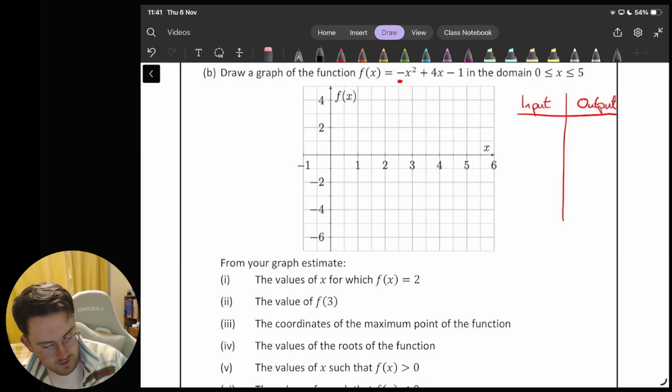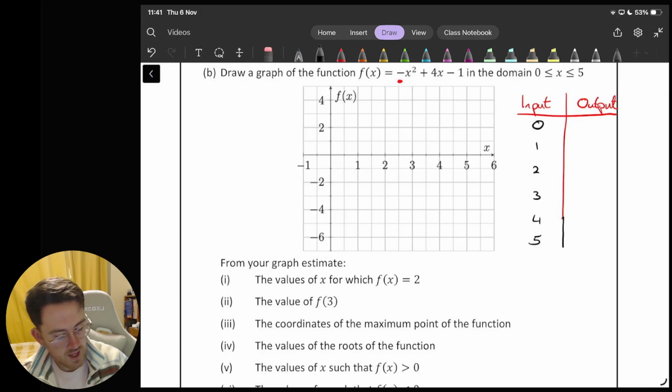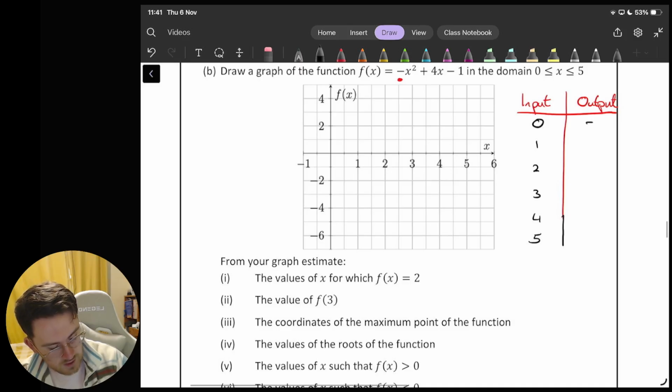Don't think I have my calculator ready to go, so we'll... Okay, so you could do your input and output table here using your calculator. You'd fill in those input values, you'd fill in your function, you'd get your corresponding output values. I'm going to try and fly through them here as quickly as I can. So that'll be minus 1 first of all for x equals 0. Minus 1 squared, minus 1 plus 4 minus 1.